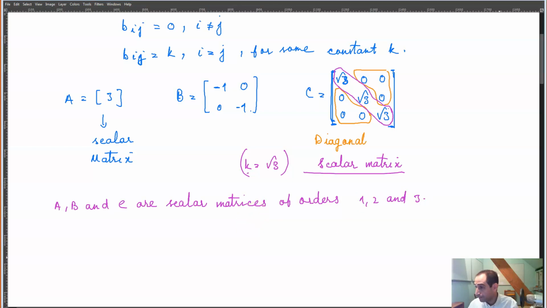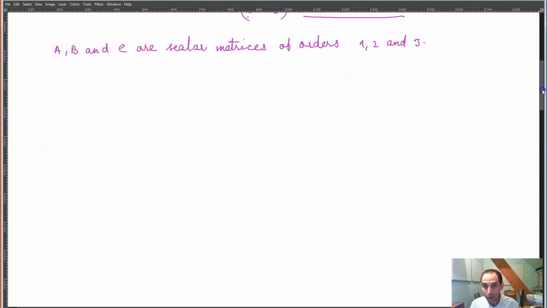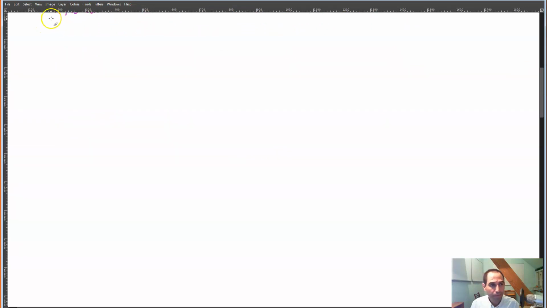Now, there is one more type of matrix that we have, and that is called an identity matrix.